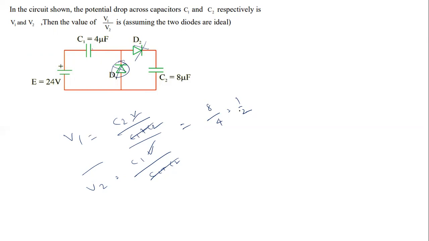Okay, 1 by 2 or 2 by 1? 2 by 1. Clear. So the answer is 2.